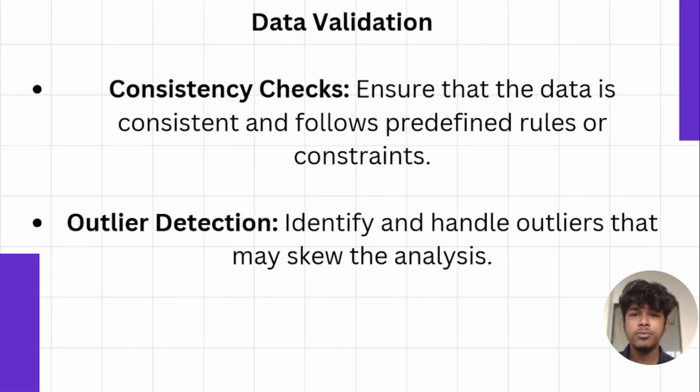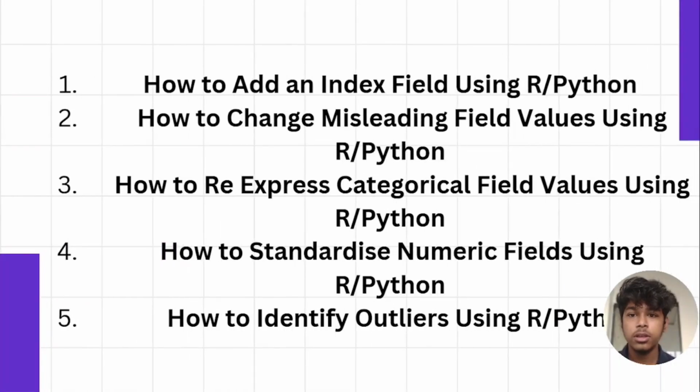Data validation. We'll be checking after these steps. We'll be checking the data for consistency and outliers. Outliers are data which are false data we do not need in our databases. In the following topics, we will be discussing how to add an index field using Python.